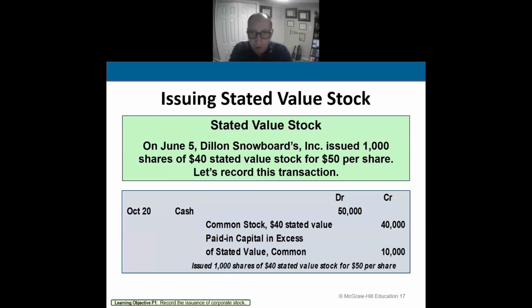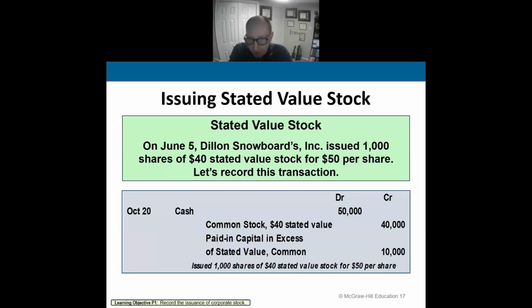And so in this example, we debit cash 50,000 because we sold 1,000 shares at $50 per share. We credit common stock $40 stated value. That's going to be 40,000, of course, because it's stated value times the number of shares issued, 40 times 1,000.